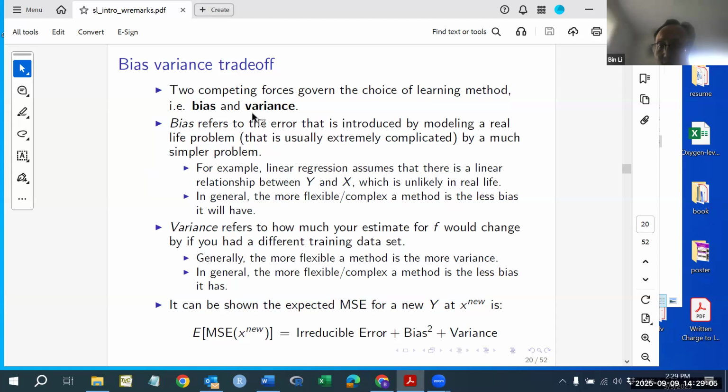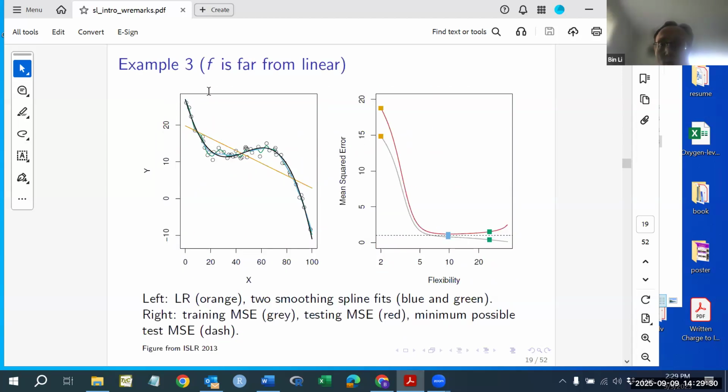The bias is basically that, on average, the model is missing the target. How much it misses the target is called the bias. Okay, and those simple models usually have large bias. Does that make sense? You can easily see that in the previous example.